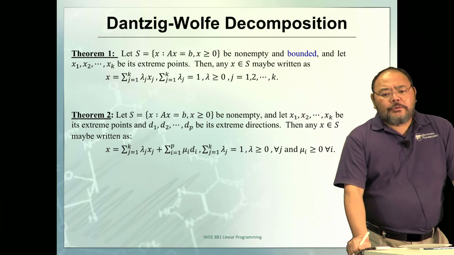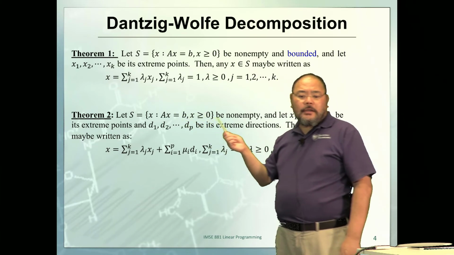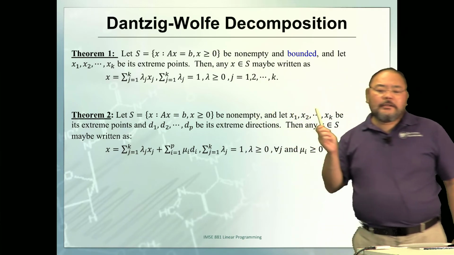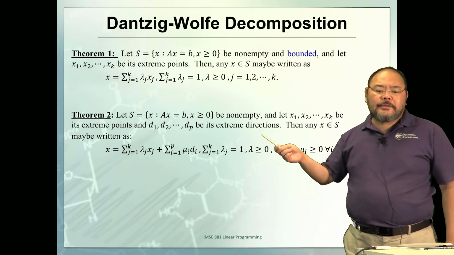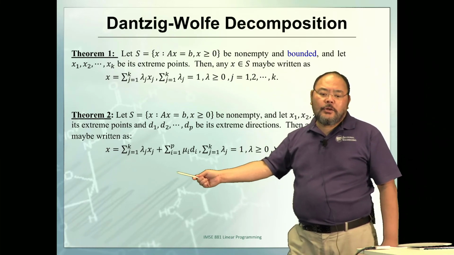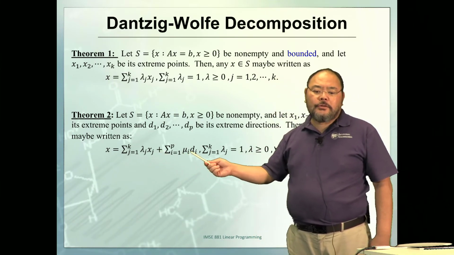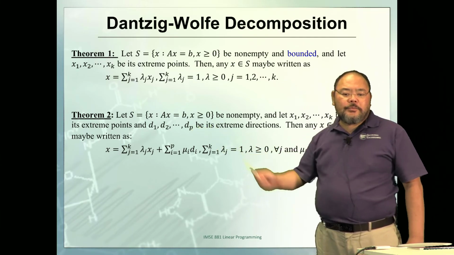Theorem 2: if the feasible region S, Ax equals b and x non-negative, is non-empty but not necessarily bounded, then any point inside S can be represented as a convex combination of the extreme points plus a cone combination of the extreme directions d1 to dp.